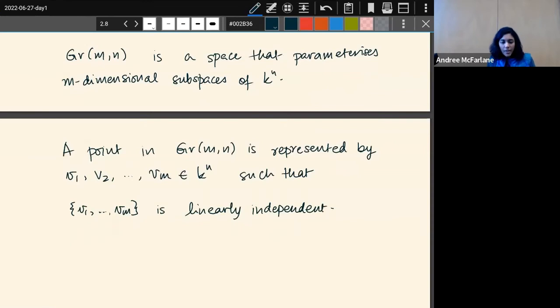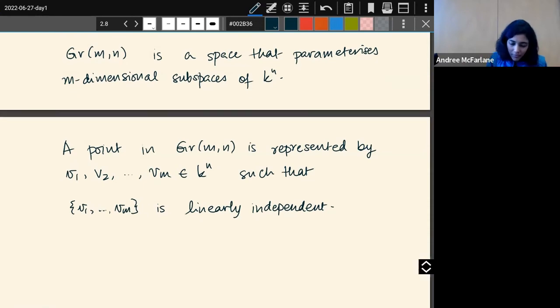And I'm working very concretely with coordinates. I have k to the n here, so I may as well write each vi in coordinates. And if I do that, I'll get a big matrix.